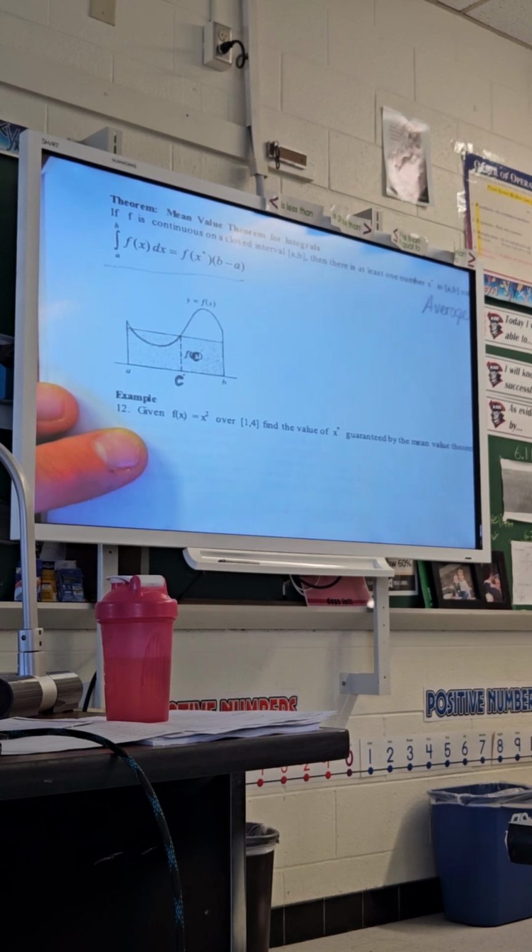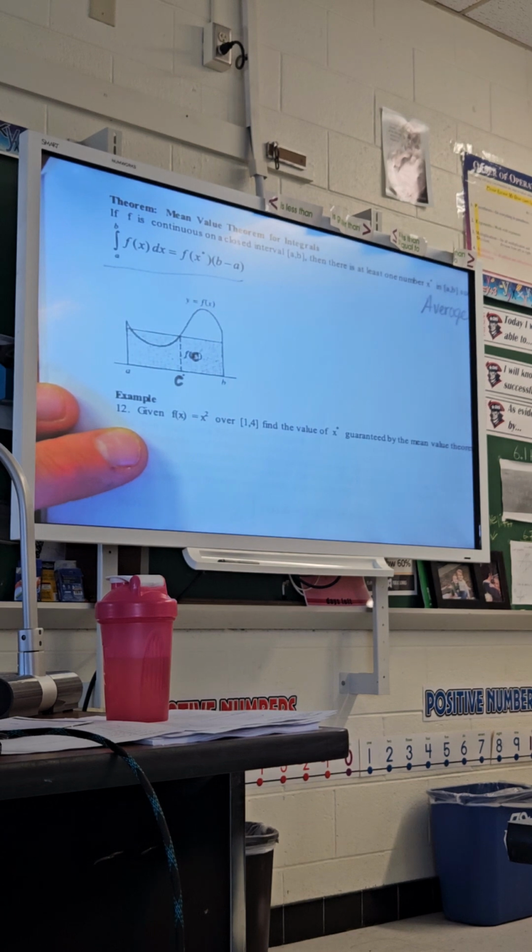Take your time when you think about it. You're looking for C, that's your goal. You're going to use what's called the average value function, which is related to the mean value theorem for integrals, to find the y value at that point on the curve. Well, if you set your function equal to that y value, it is going to give you your x value. And in this case, my x value is the C that I'm looking for, that's going to guarantee that that point is on that curve.